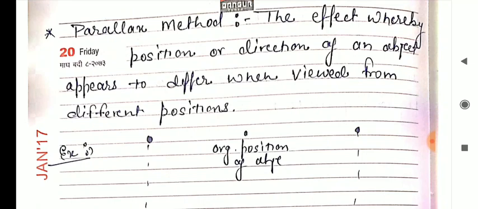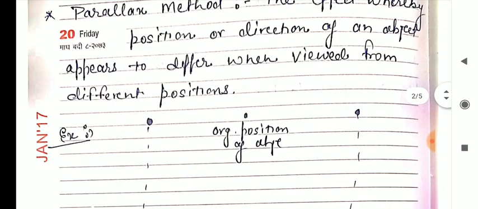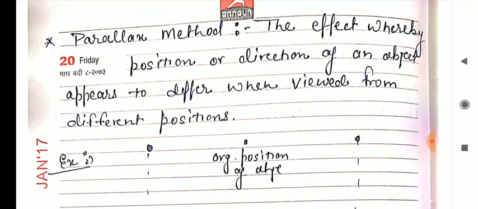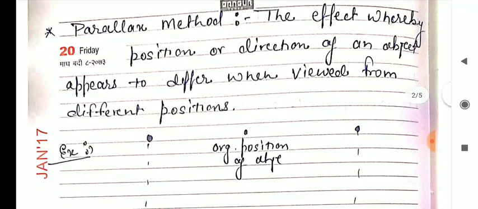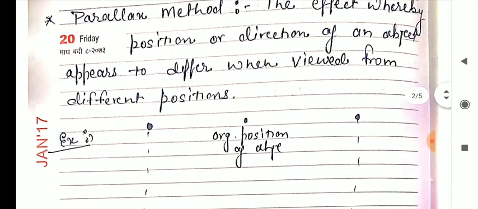Then if we open our left eye and close our right eye, we observe that there is some difference in the position of the pen. But actually there is no change in the position of the pen. We only observe a different position of the pen from two different observation positions.